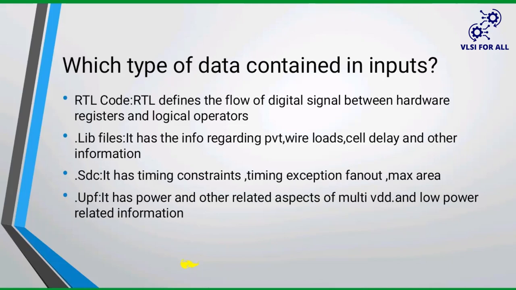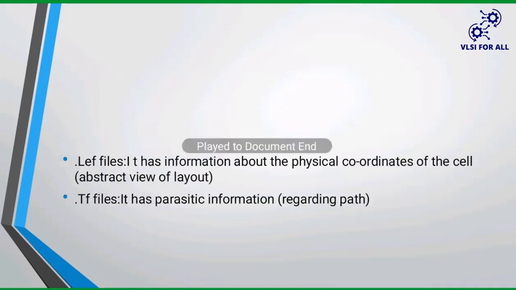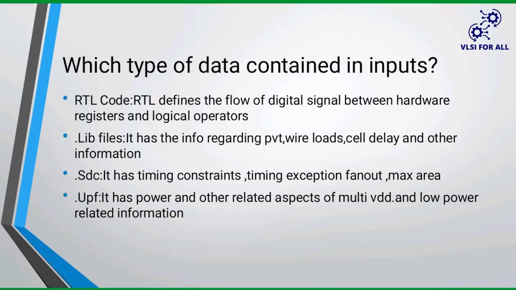Next, what does a UPF input contain? It contains power related factors. Next, what does the LEF file contain? It contains physical coordinates, an abstract view of the cell. And what does the technology file contain? It contains parasitic information, which is information regarding the path. So these are the data contained in each particular input.